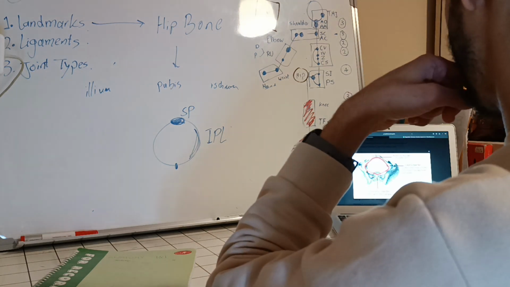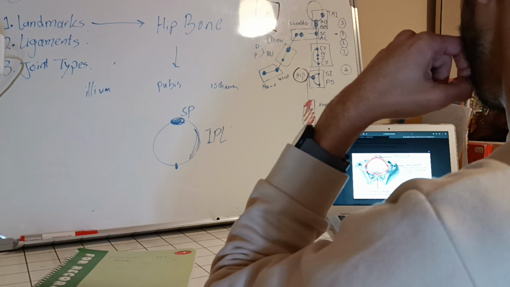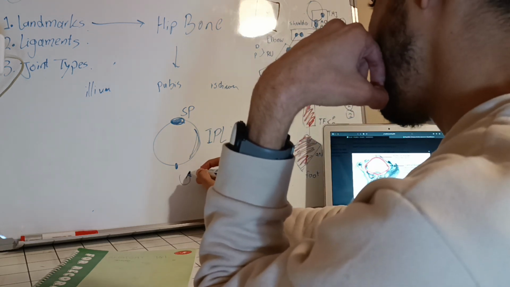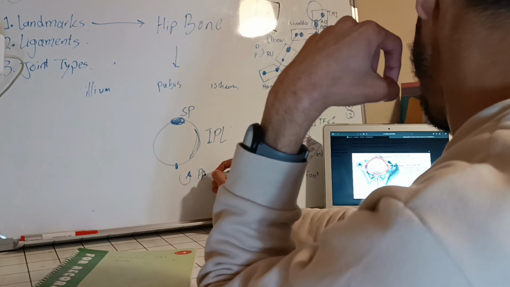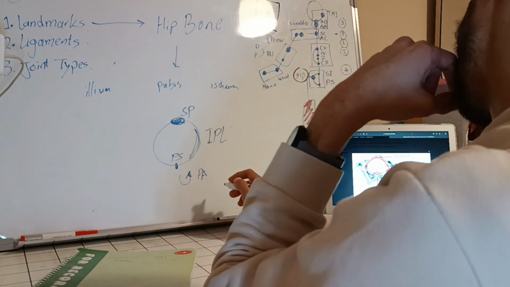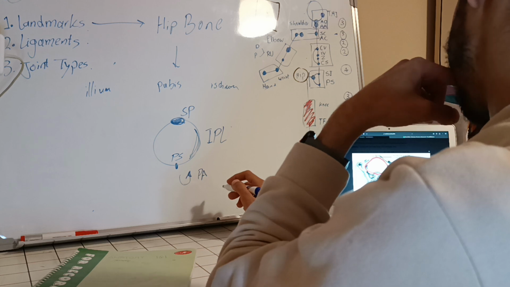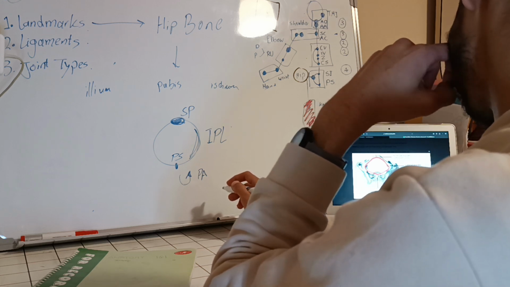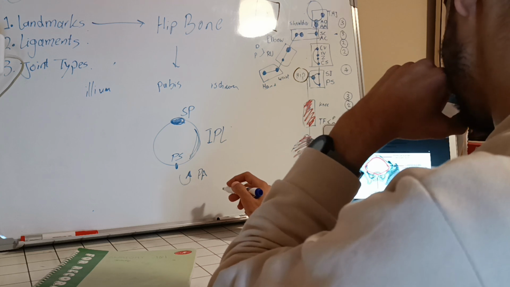In the posterior part, we can have the pubic arch, and the ischial tuberosity and the sacrotuberous ligament.